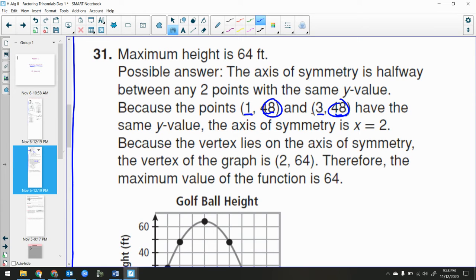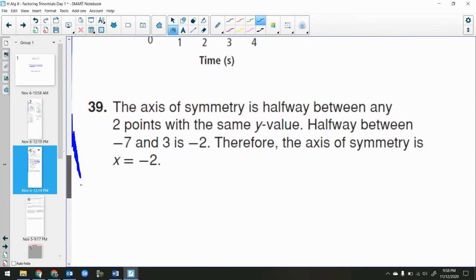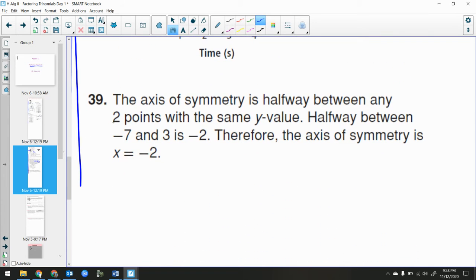So if this is 1 and this is 3, you know that the axis of symmetry is x equals 2, and therefore for sure that 2, 64 is the vertex. And the same principle is really applied here. You know that halfway between -7 and 3 is going to be -2, and since those two values have the same y value, then the x values are equidistant.